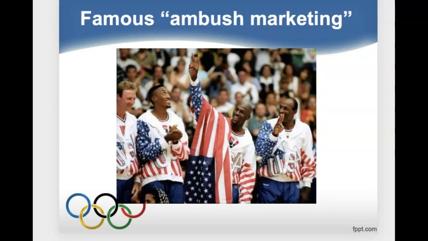But starting from 1988, some professional tennis players started to play at the Olympic Games, and 1992 was big news, the first Dream Team featuring all these really well-known NBA players. They were playing at the Olympic Games.